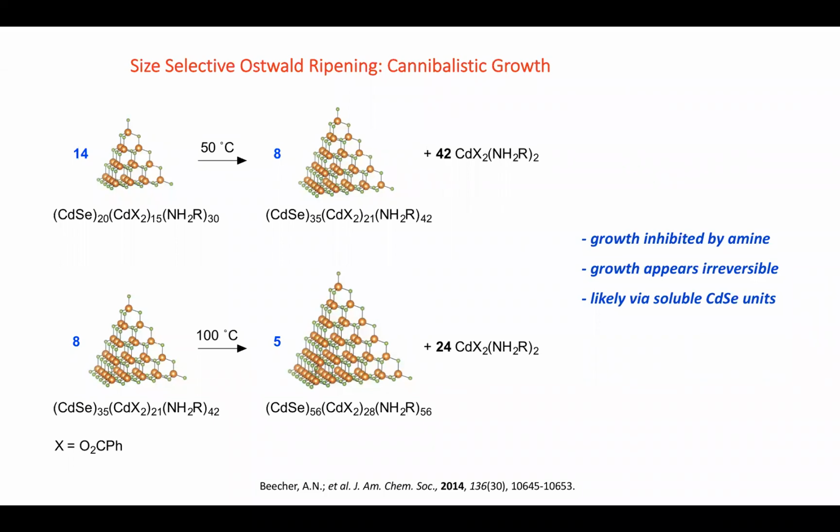Okay, so you could take 2 of these and subtract 5. Those 5 have to get in somewhere else somehow. And then down here, we're doing that again. We've got 35 cadmium selenides turning into 56. So maybe you could add these 2 together, that gets you to 55. Oh, then you just need one more.